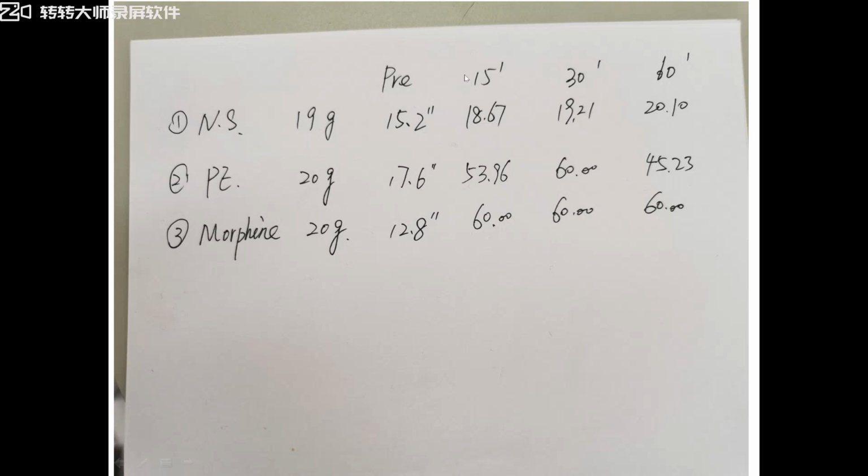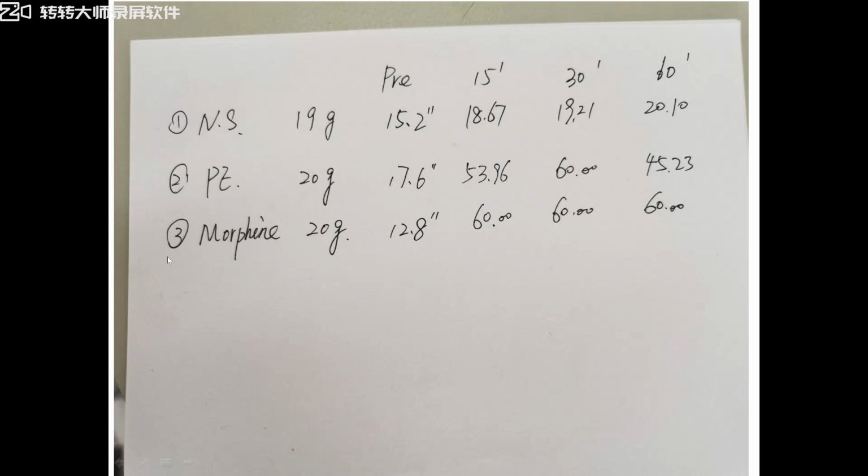And then 15 minutes later, it was prolonged to 53, 60, 45 seconds. Compared to itself, the pain threshold in the PE group is prolonged from 17 to 53 to 60 seconds. We can know PE has analgesic action.